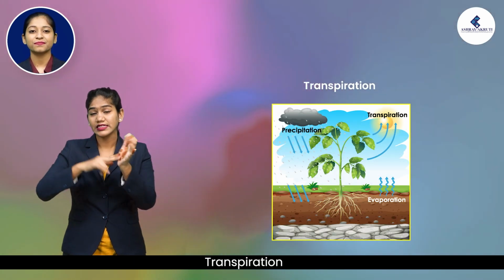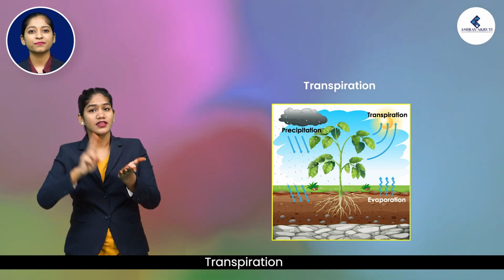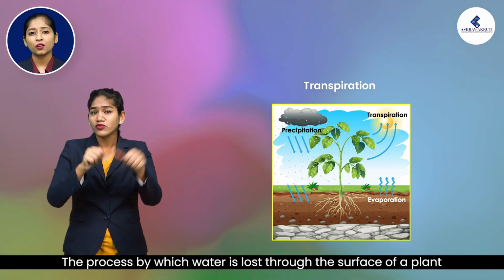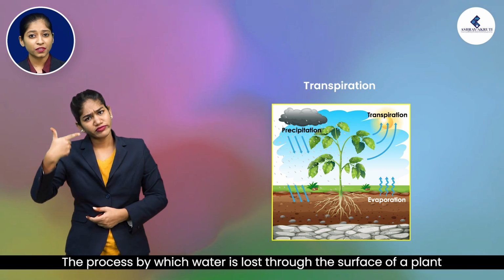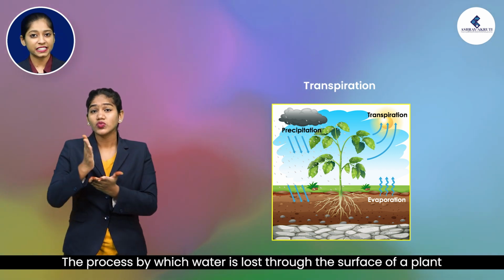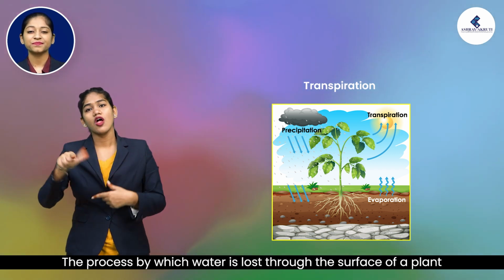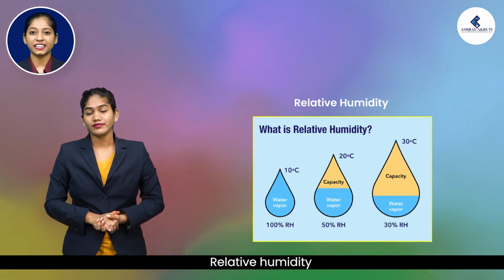Transpiration, the process by which water is lost through the surface of a plant. Relative humidity.